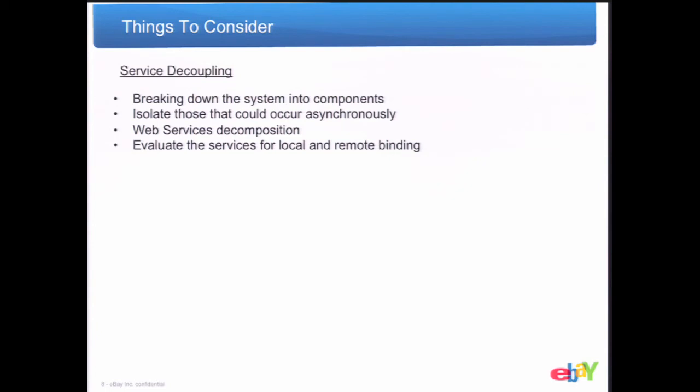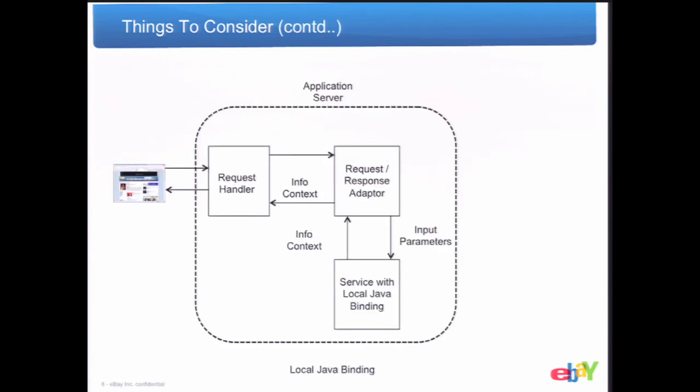So the concept of the local binding and the remote binding. The local binding has a request handler. The request comes in. For any subject area, like tracking, there is one handler for tracking, one handler for experimentation, one handler for personalization. Then we have the request response adapter.